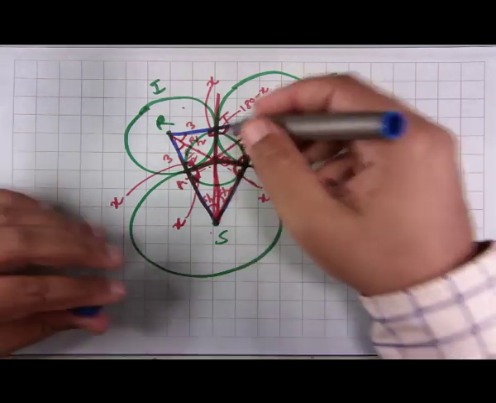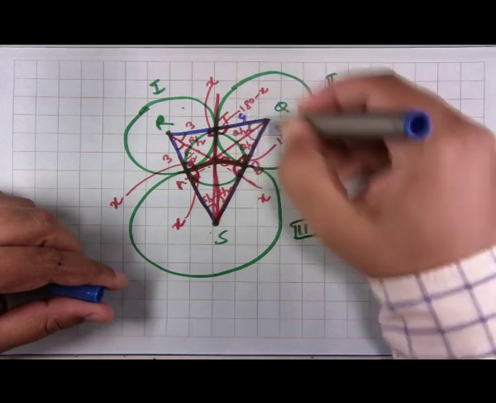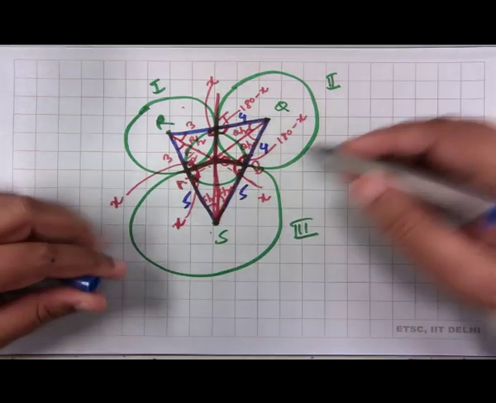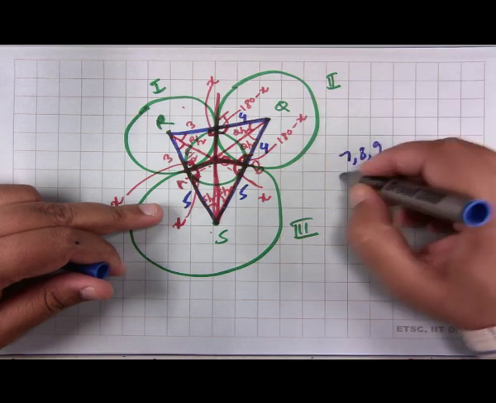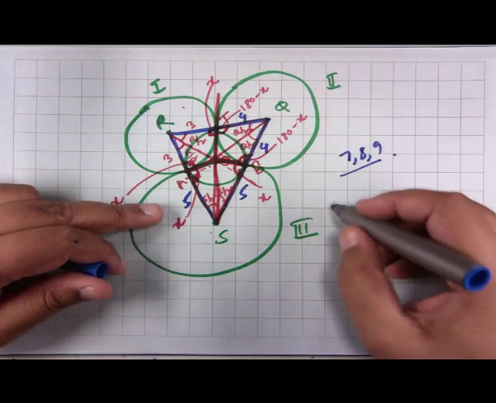We know that the sides of this triangle are, so this is 3 and 4, and this is 4 and 5. So, the sides of the triangle are 7, 8 and 9, and therefore, we can use the formula for the inradius.